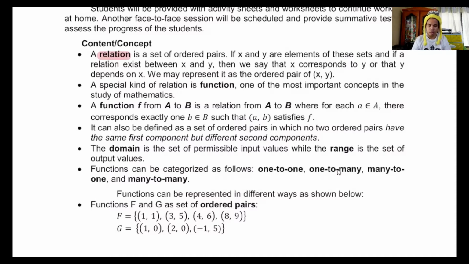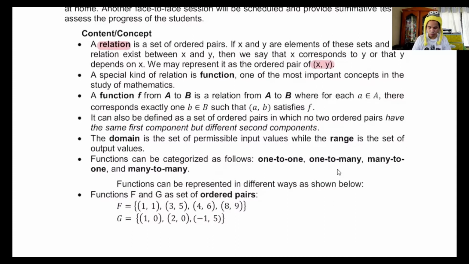So when we say relation, one way of representing it is using the concept of ordered pair. So we have here the ordered pair xy. Okay. So now we will not dwell more about relation because we will be focusing on a more special kind of relation, which is function.